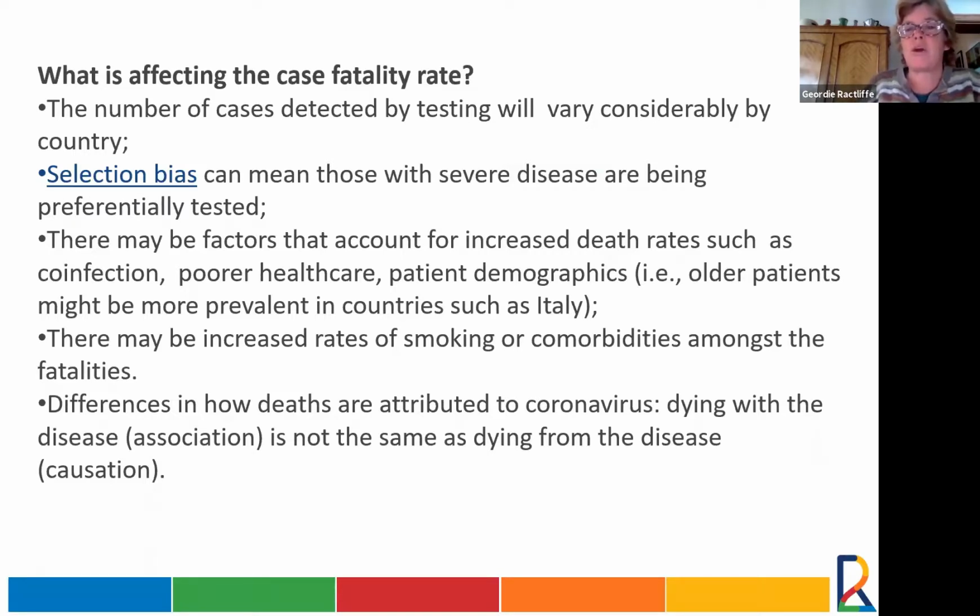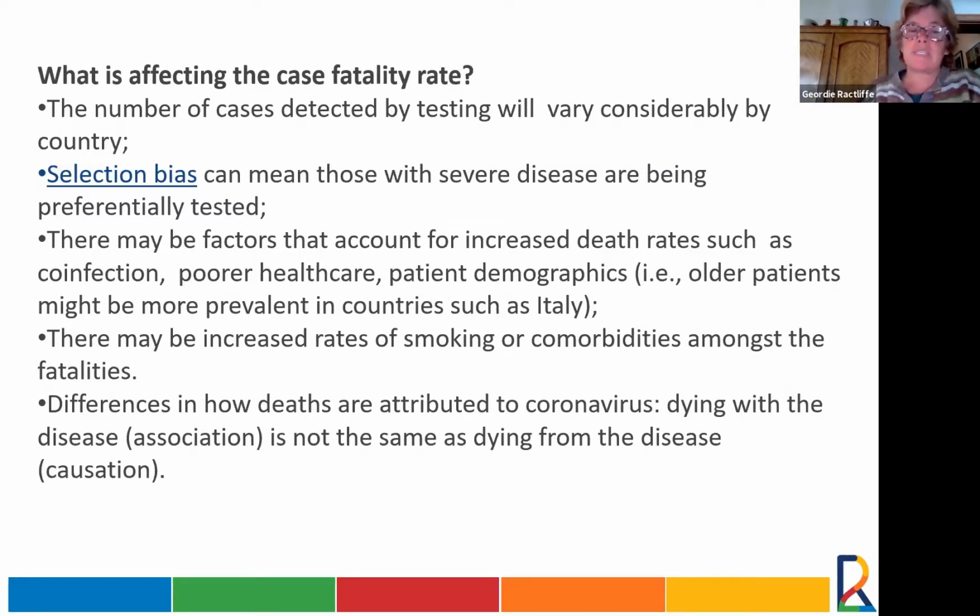So these comorbidities, the underlying illnesses that might affect the death rate or the fatality rate, are part of what one needs to take into account. Obviously, here in South Africa, on the one hand, we've got a younger demographic, so that's very much in our favor. But on the other hand, we've also got some underlying illnesses like TB or pneumonia, and we don't know about HIV and how that affects the issue of resistance.